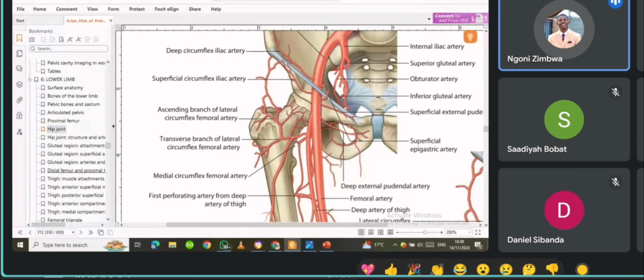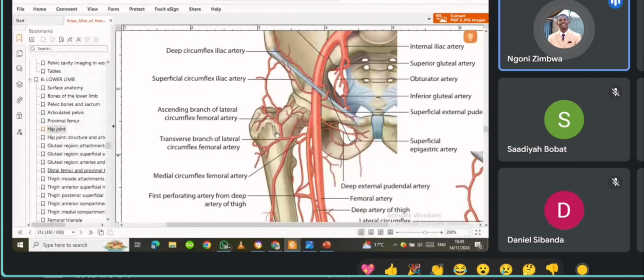Now, let's go. The medial circumflex femoral artery, you can see, is just posterior there. But if you can take note of my case, this one is going to send a transverse branch of the medial circumflex artery, and an ascending branch. So let me talk about the cruciate anastomosis and the trochanteric anastomosis.